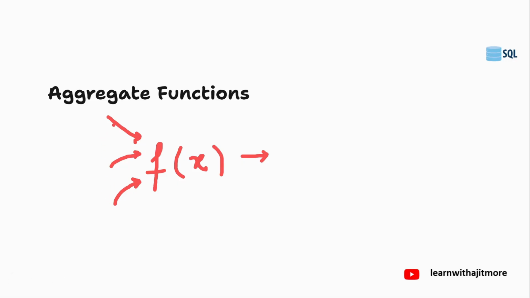Summarizing means it gives you the total of all those values, or the average, or the count of how many values there are, or the max or min from them. So different aggregate functions are there.